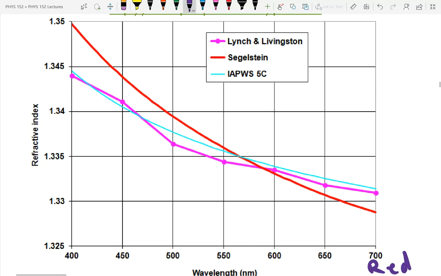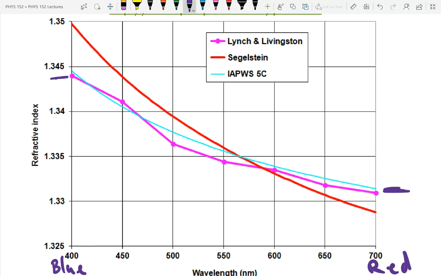Red light has an index of refraction of about, these are actual measurements, 1.33. And blue light, or violet, as Alex pointed out, has a measurement of more like 1.345. It's not a big difference in the index of refraction, but it exists.